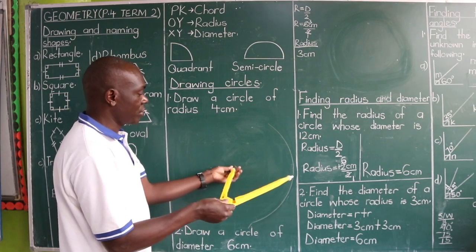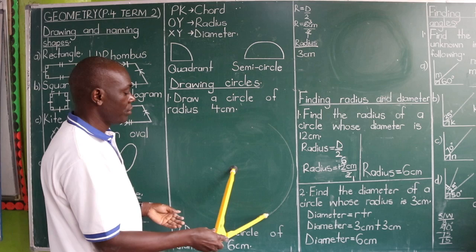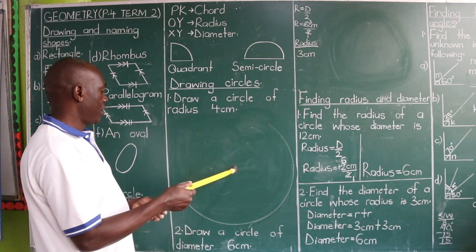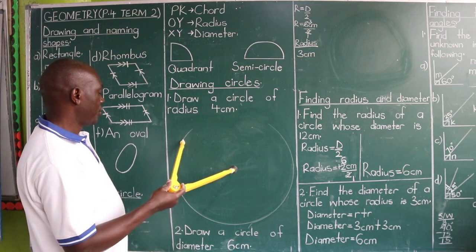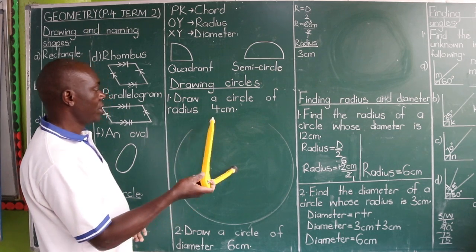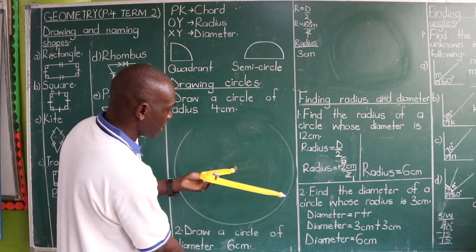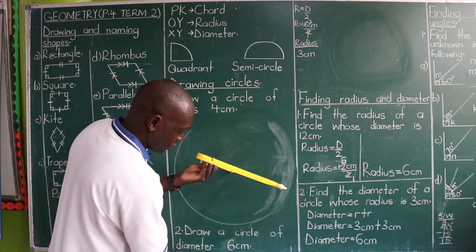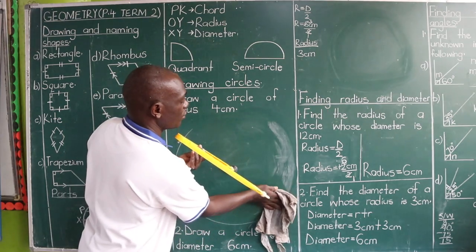Ensure this does not move. If it does move, you have lost the battle of champions. Ensure it does not move, for when it moves, you will not draw a proper circle as required. Now the eraser did not do well.